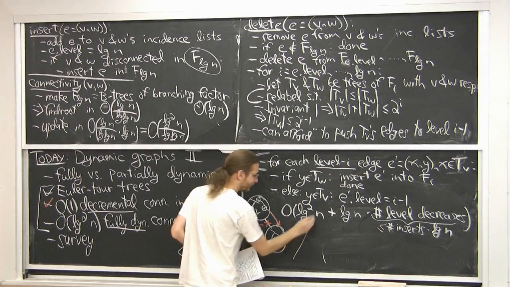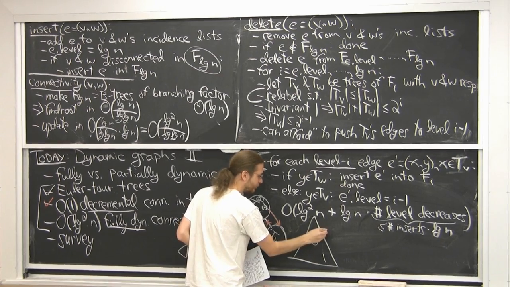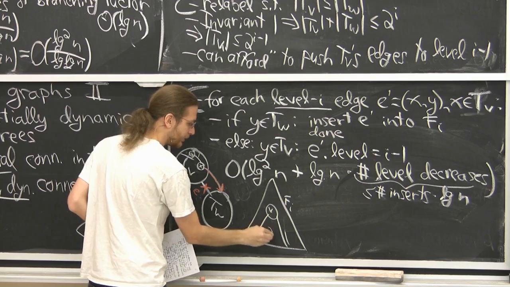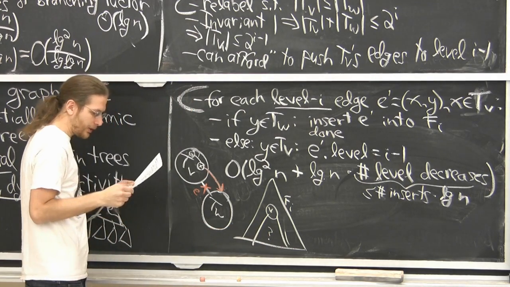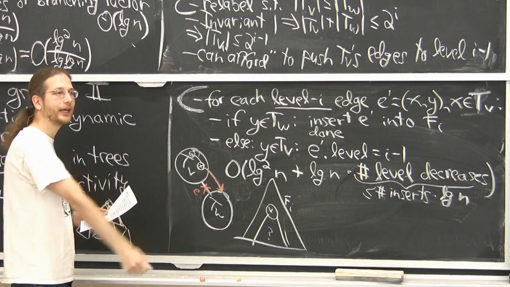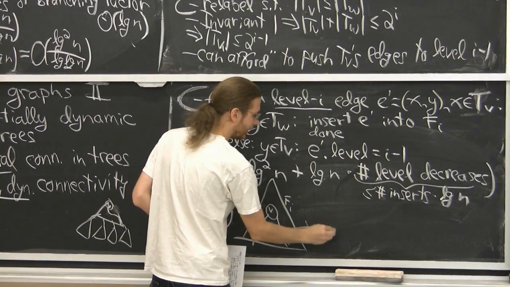So here's an Euler-Tour tree. Here's a node V. This is in a tree in Fi. I want to know in this subtree, in here, is there any node that has a level I edge incident to it? So I want to know, are there any level I edges?